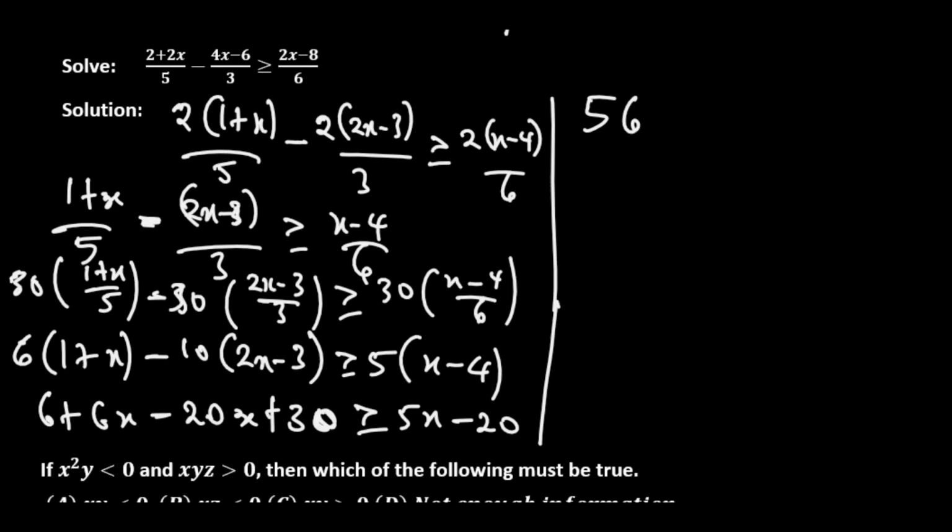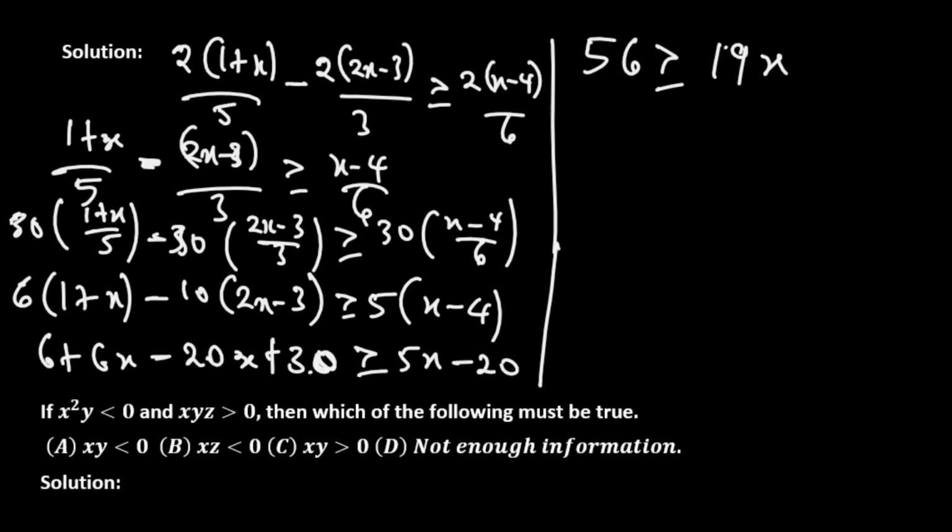So minus 20 goes over to be plus 20. So it's 56 is greater than or equal to 6x minus 20x, which is minus 14x. So minus 14x goes over to be plus, so we have 14 plus 5 is 19x. So we have 56 over 19 is greater than or equal to x. So that's the answer.